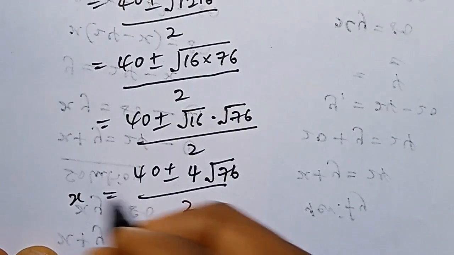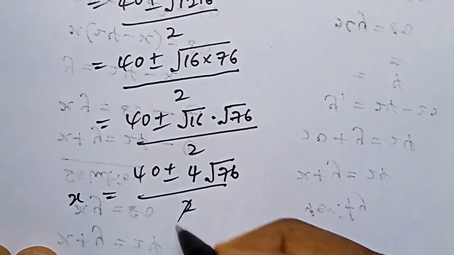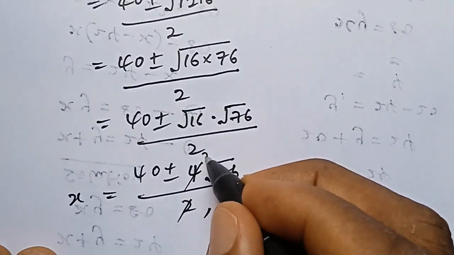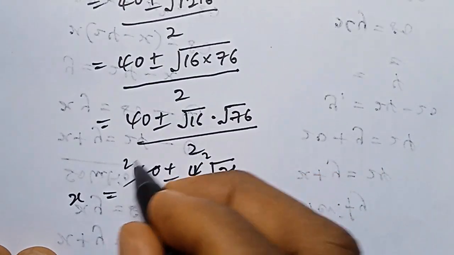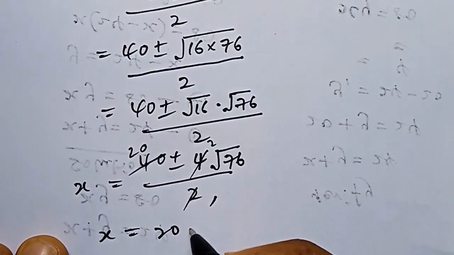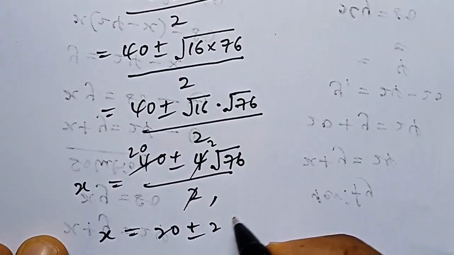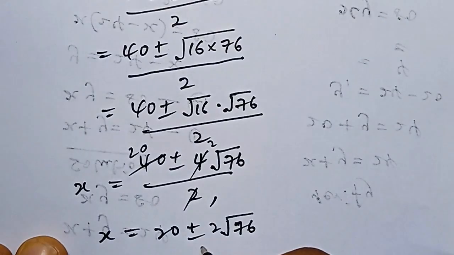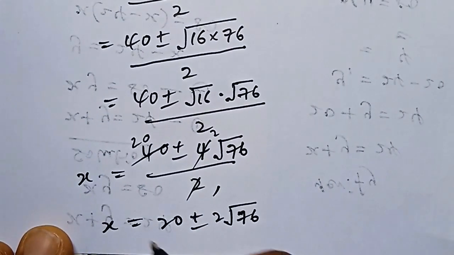Okay, so 2 in 4, we have 2, 2 in 40, we have 20. Then we have x to be 20 plus or minus 2 square root of 76, which will be our value for x1 and x2.